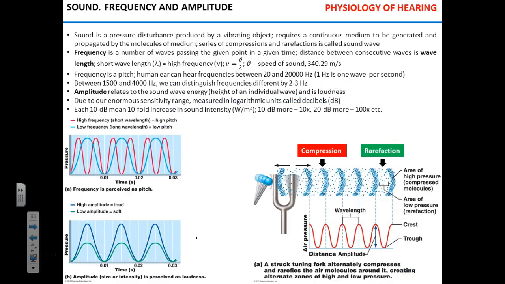Now we're going to talk about fun stuff, physics. The sound. Sound is a mechanical wave. Does that make sense? It's pretty much a wave that is composed of areas of compression and rarefaction. Areas of higher medium density and lower medium density.